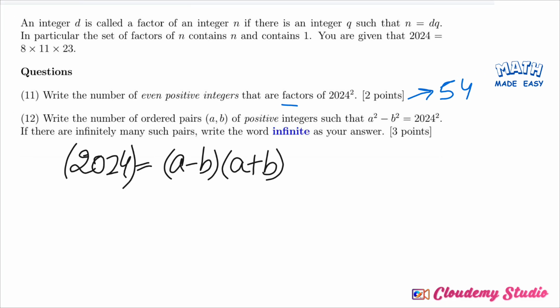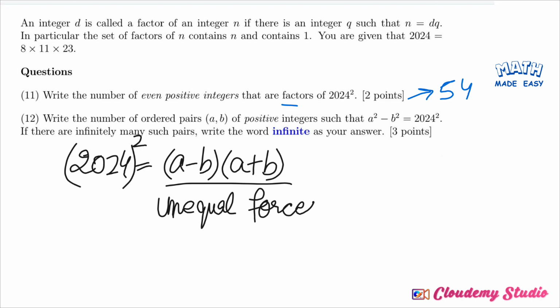Now this is a factorization into unequal factors of the same parity, which must be even.